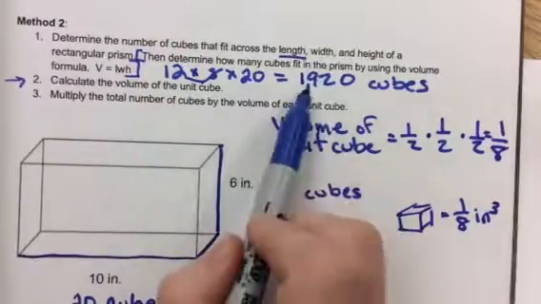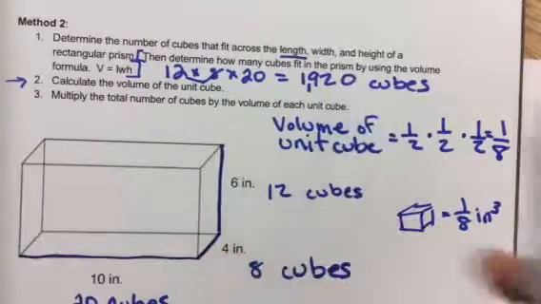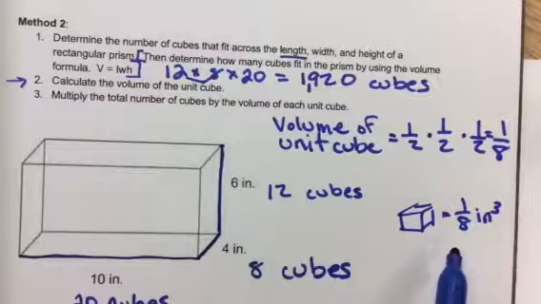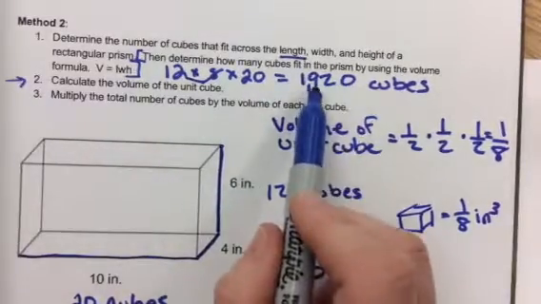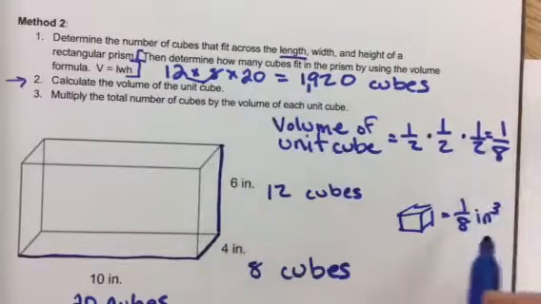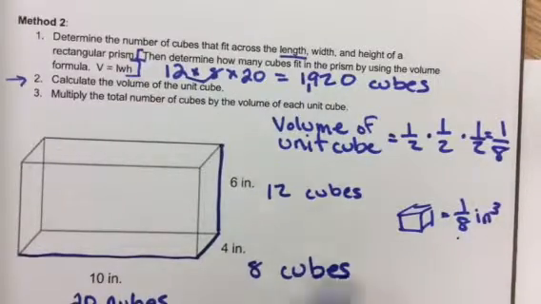So if you have 1,920 cubes, each with a volume of 1/8, how could you calculate the total volume of this? So again, if you have 1,920 cubes, each with a volume of 1/8, what could you do?